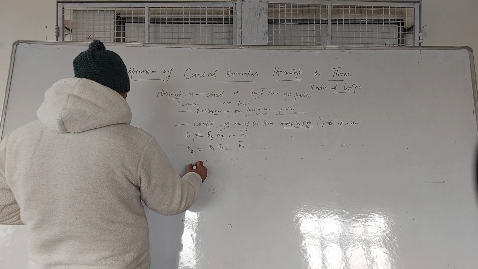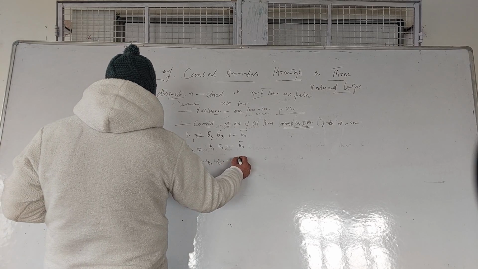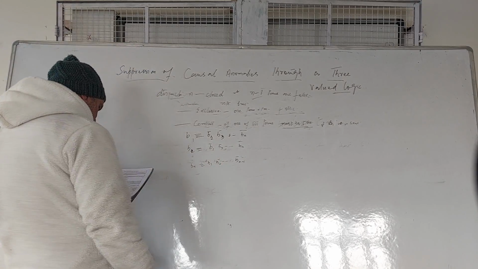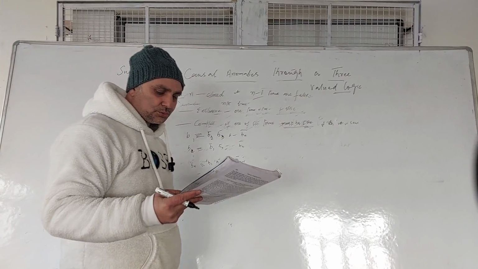And Bn can be derived from B1, B2 bar, up to Bn minus 1. So that is a disjunction for which the relation holds.